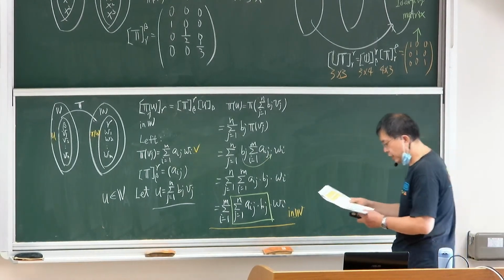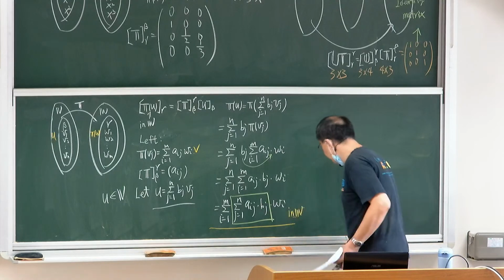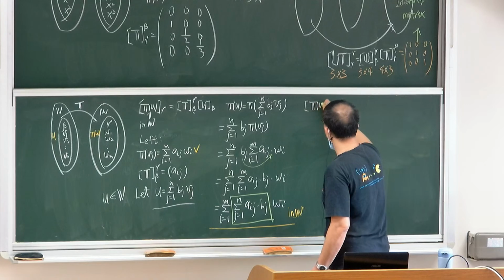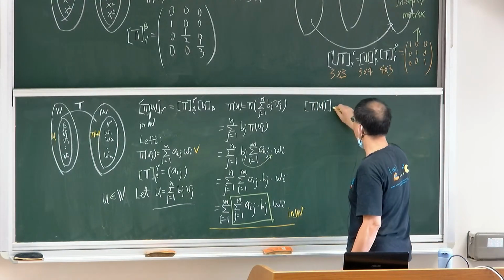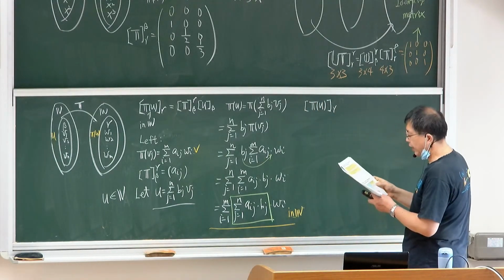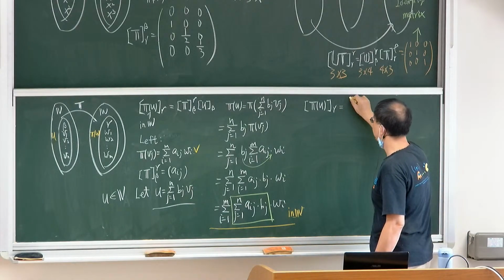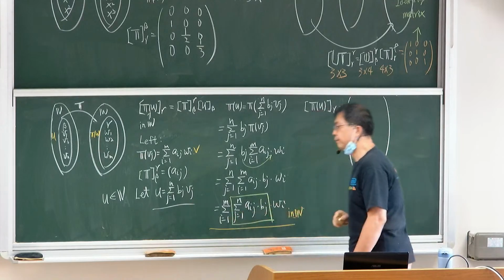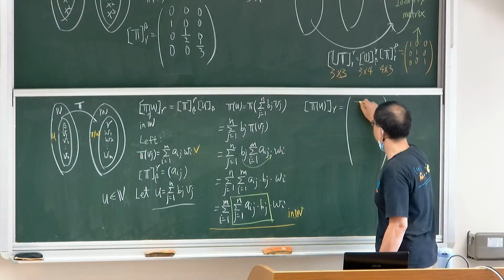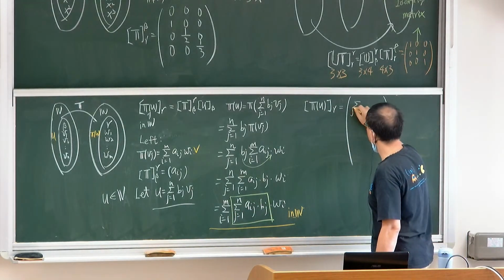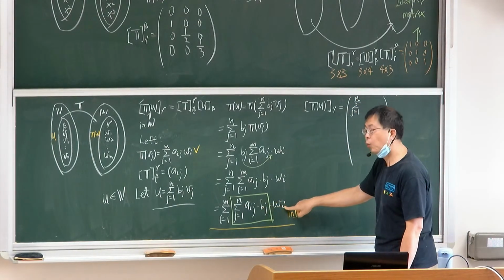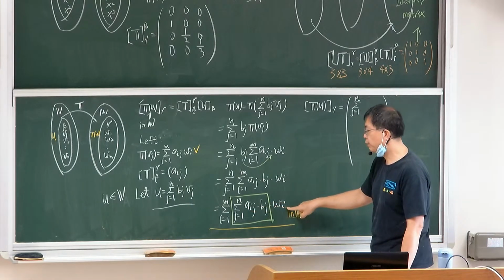So here we can see that if we take T of U with respect to gamma, what can I get? It's a column vector. I start from i equals 1, because here we want to multiply by W1.